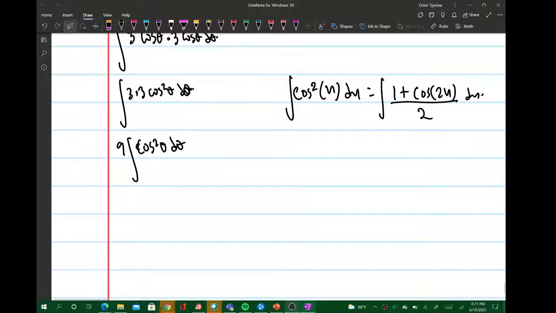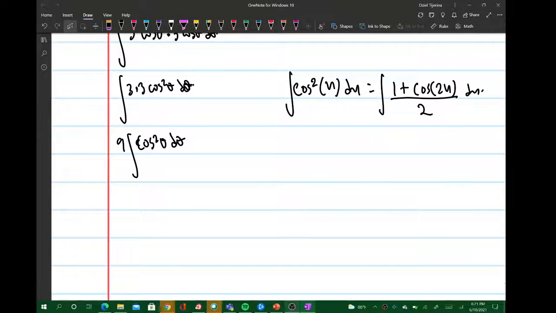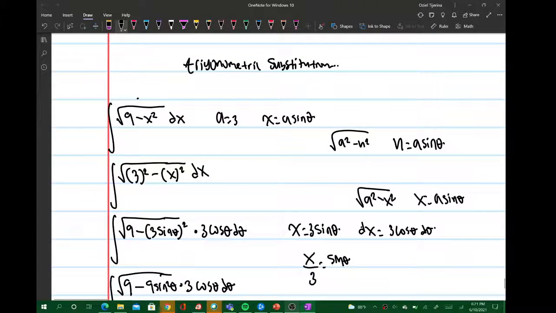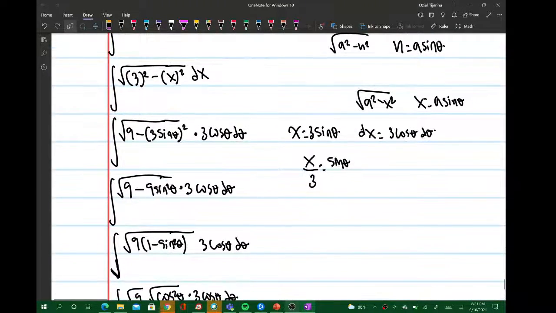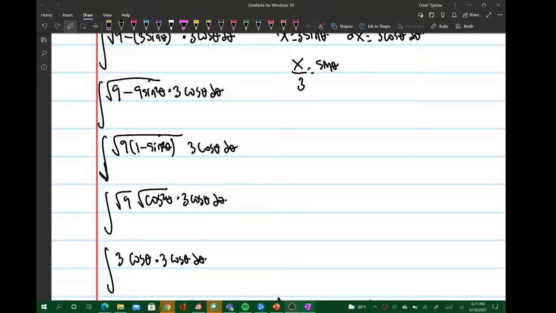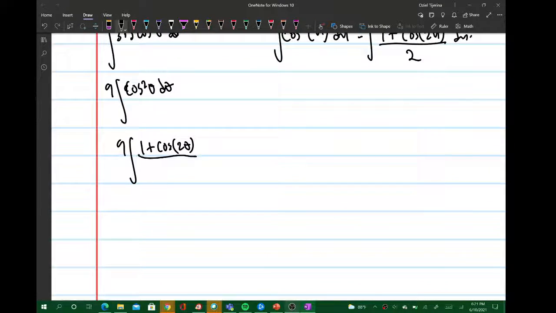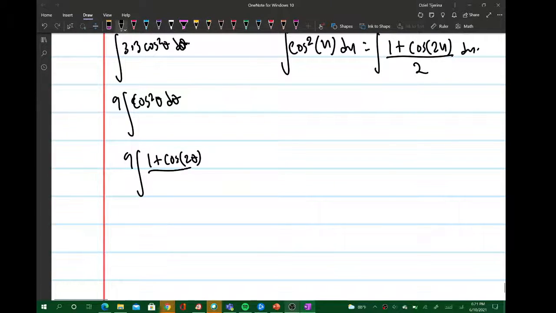So then this will be 9 times the integral of (1 plus cosine of 2 theta) all over 2 d theta.